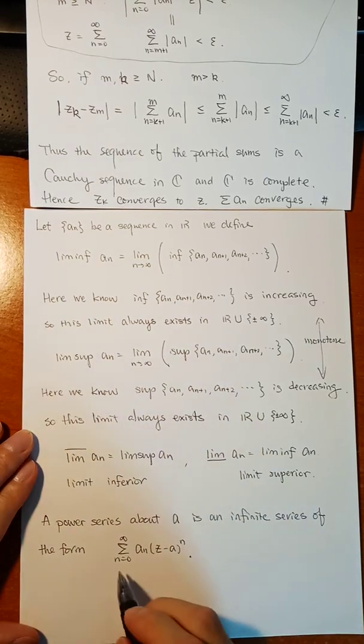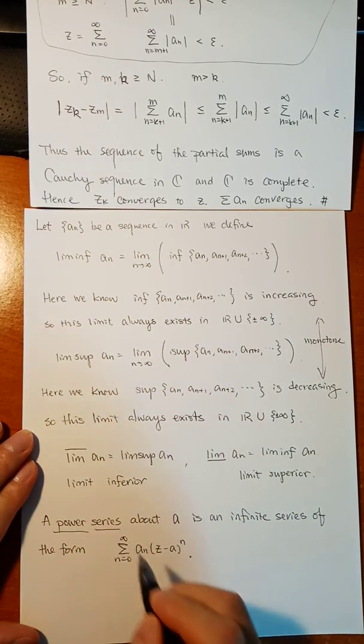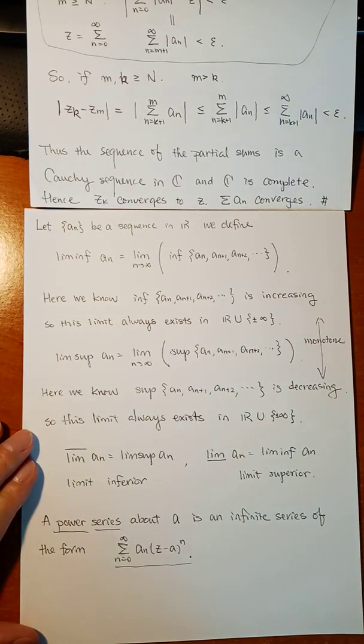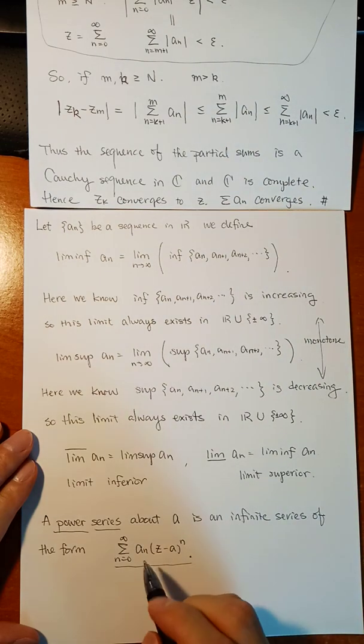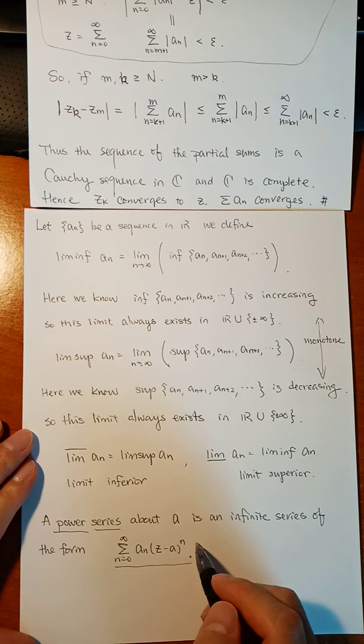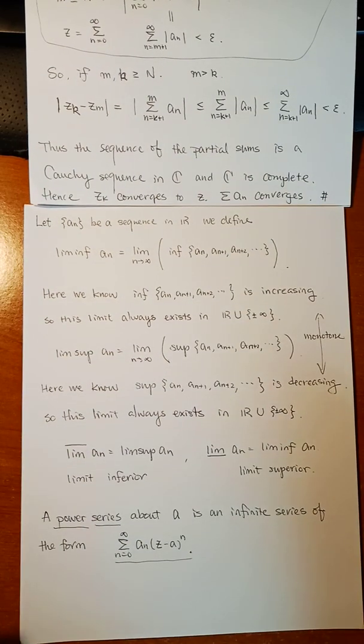So this is the so-called power series. This a is called the center of the power series. A sub n is the coefficient of the corresponding nth degree.